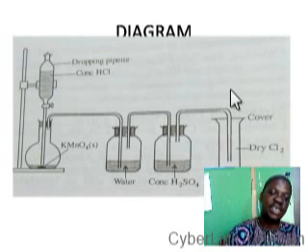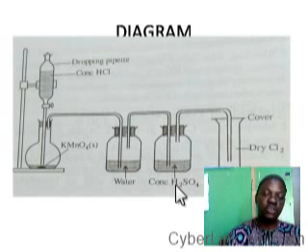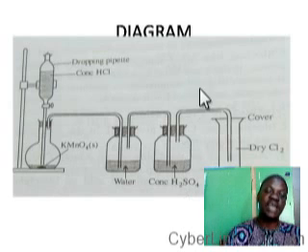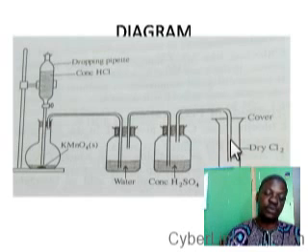Then the next flask that we have there contains concentrated tetraoxosulphate(VI) acid. The purpose of that acid is to serve as a drying agent, to dry the chlorine gas, and the chlorine gas is collected by downward delivery. This method of collection should tell you that the gas is denser than air.